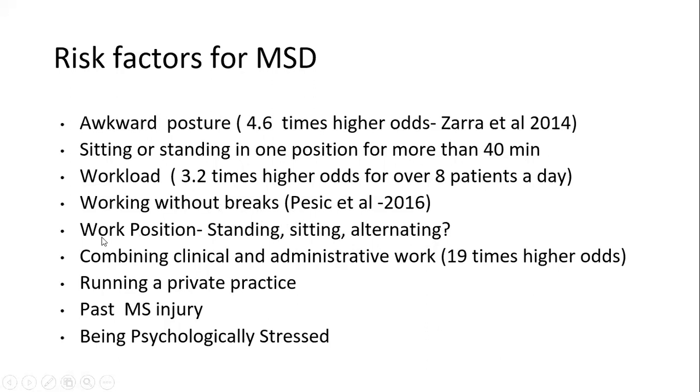There's quite a lot of evaluation in terms of work position, because these are modifiable risk factors. So which one is the best position to work in? Standing, sitting, alternating?